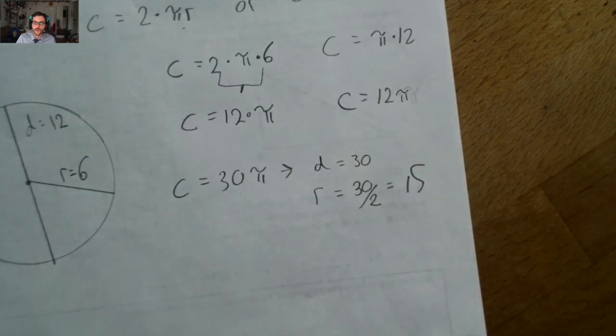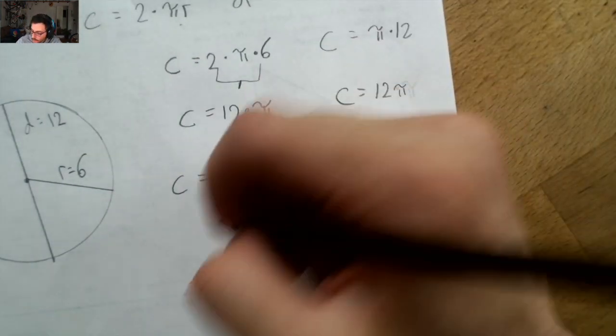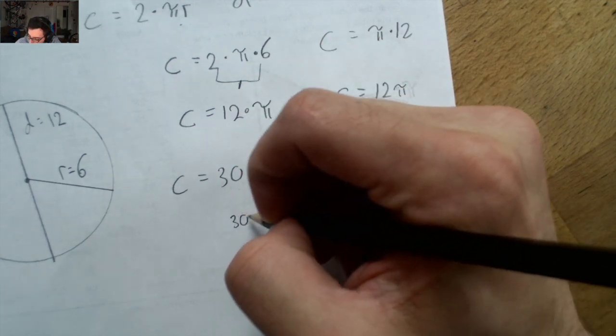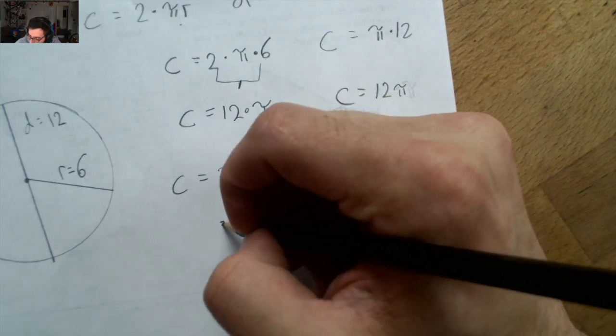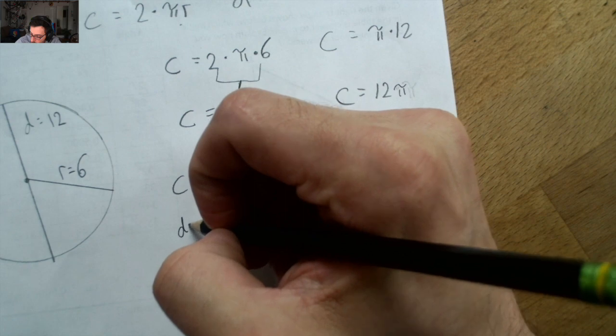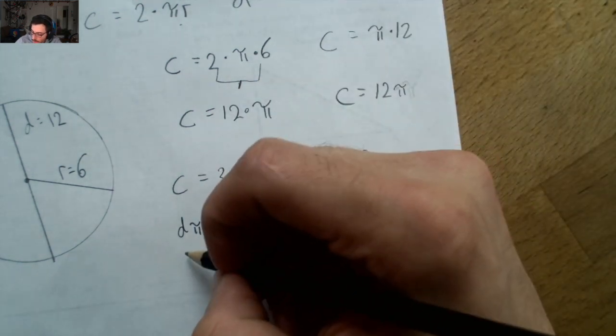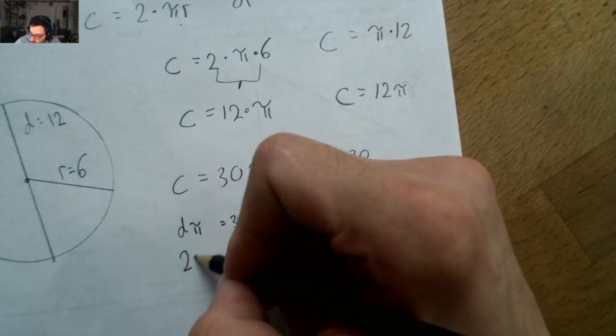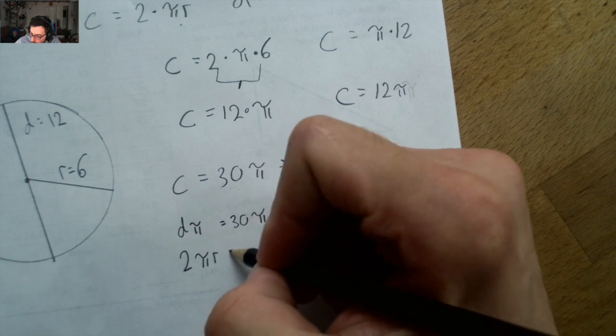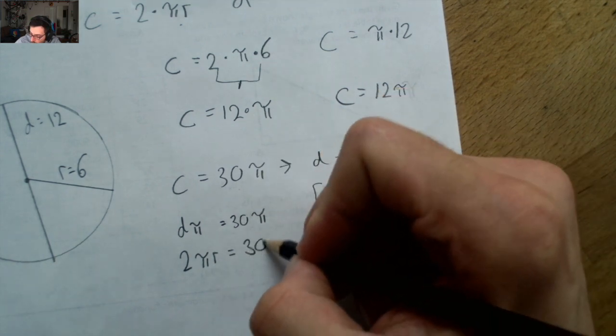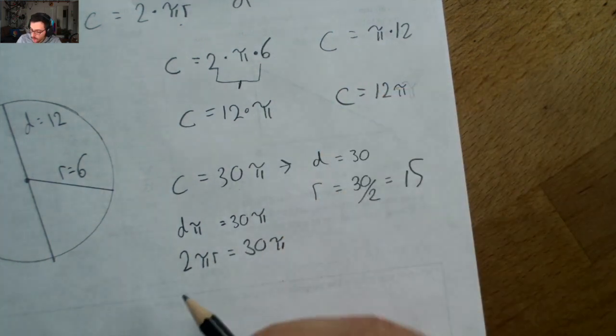So we can use that formula essentially to go backwards as well, such that 30 times pi would be equal to d times pi, or 2 pi r would be equal to 30 pi.